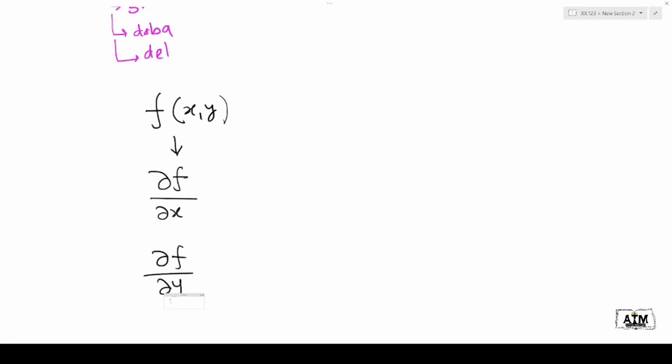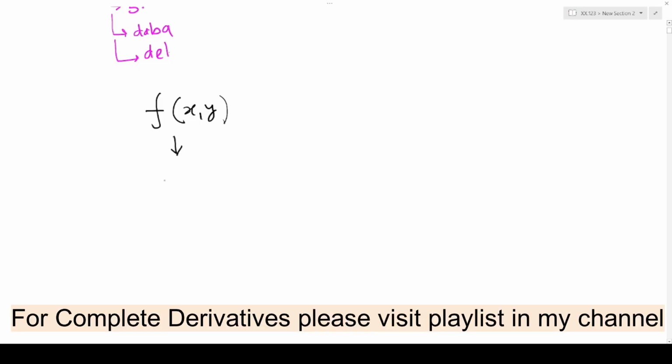Suppose we consider a two variable function f of xy. If you find the partial derivative of f with respect to x, then we write dou f by dou x. If you do the partial derivative with respect to y, then you write dou f by dou y.